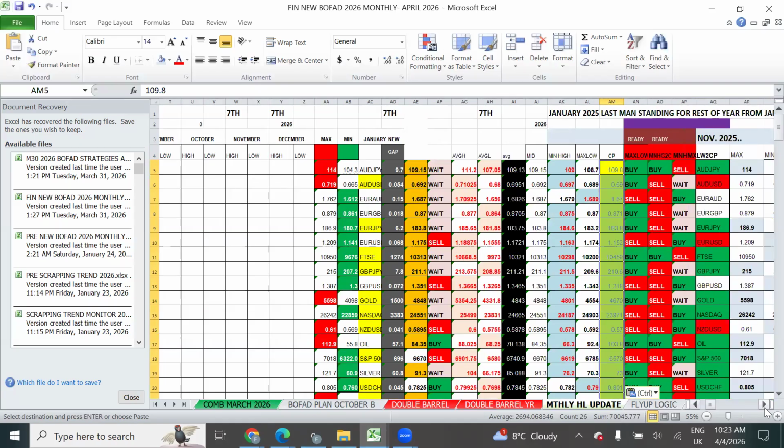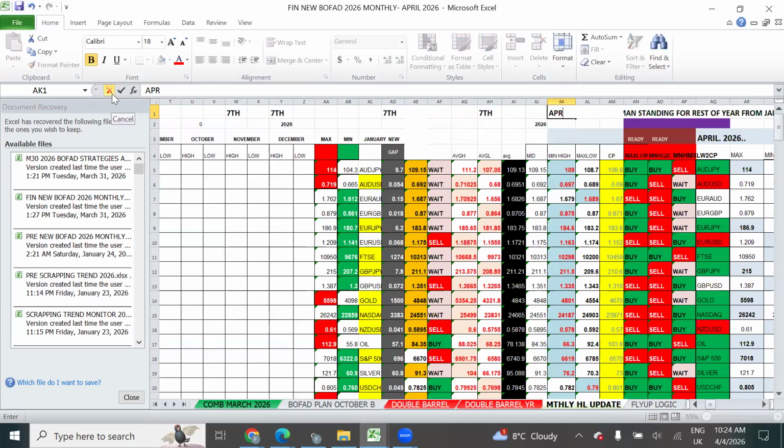So this is actually for our long-term projection. Okay, so this is for our long-term projection, and then it gives us an idea of what is happening to the markets.